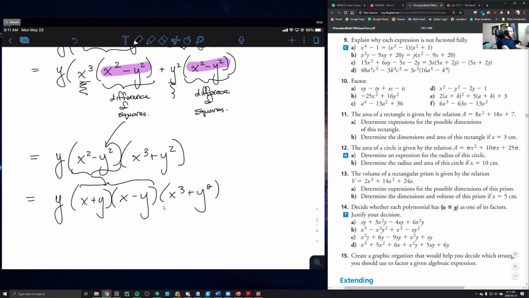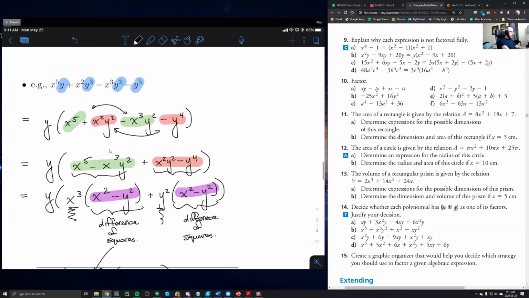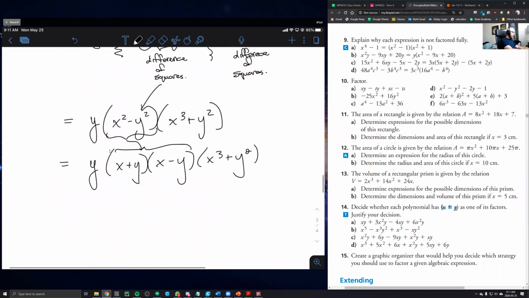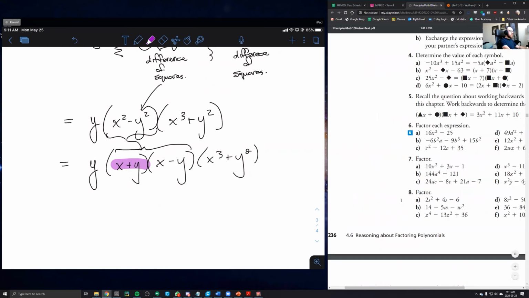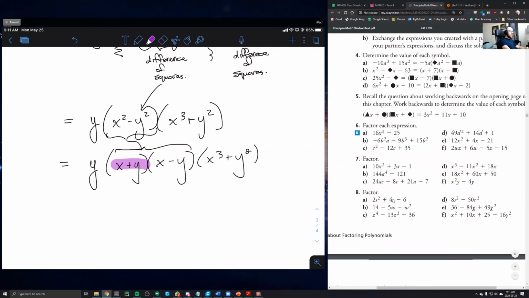So, for instance, in this question that we did, we saw that x plus y was indeed one of the factors. So for number 14, the answer would be yes, right? The idea behind 14 is you want to fully factor it and then see if you see a bracket with an x plus y in it, okay? I think there was one other common factoring exercise.